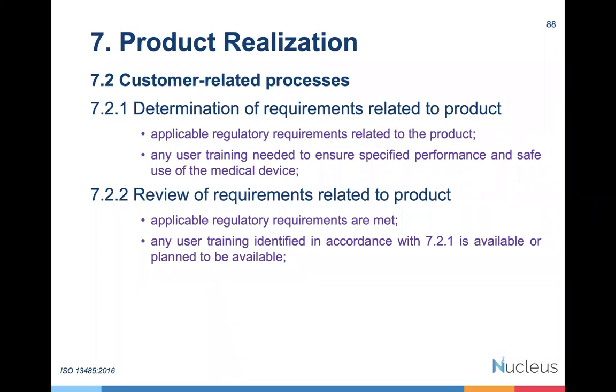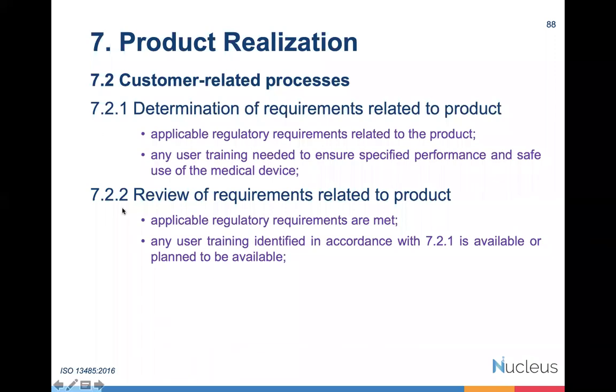Your customer may be from anywhere in the globe, right? So you need to ask for the country specific regulatory requirements. If you forget to capture this here, then tomorrow you're going to suffer. So pay more focus and attention when you determine the requirements related to the product.